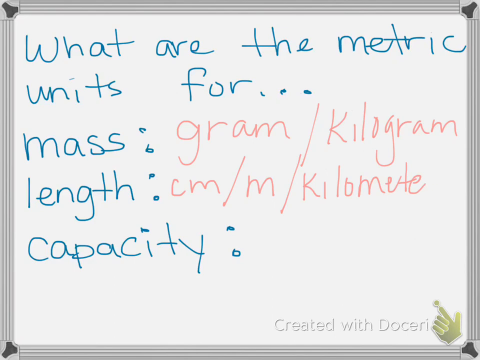I said I was going to abbreviate those, and then I went ahead and wrote the whole thing. Yeah, silly me. Okay. km, kilometer. And then for capacity, measuring liquids, we have our milliliters, lowercase m, capital L, and capital L for liters, okay?